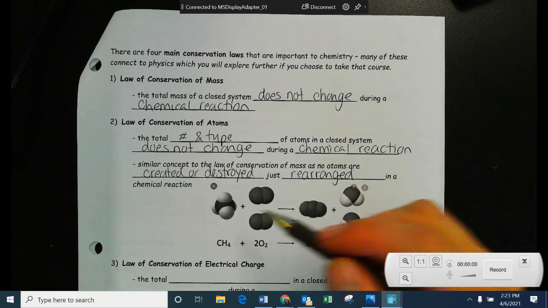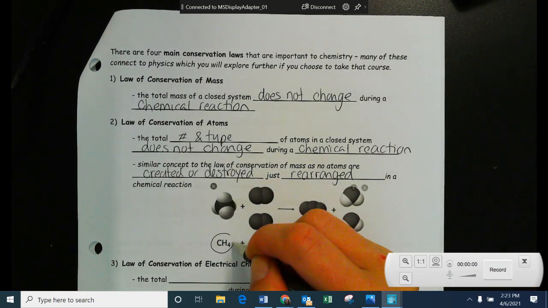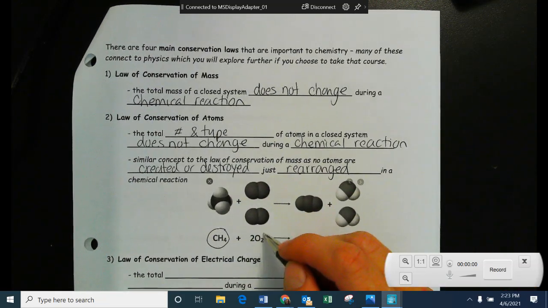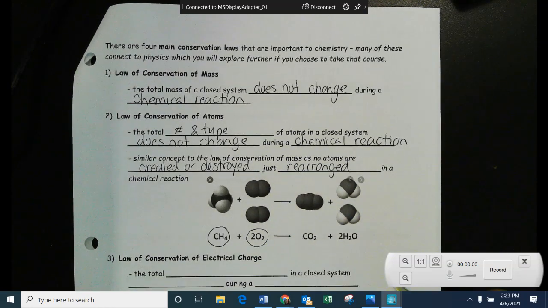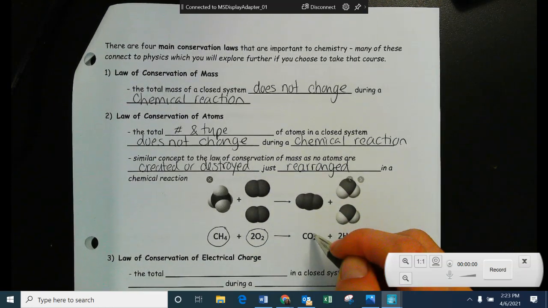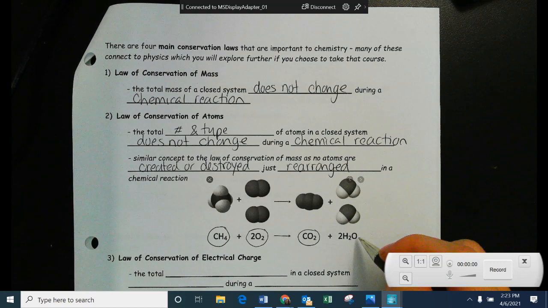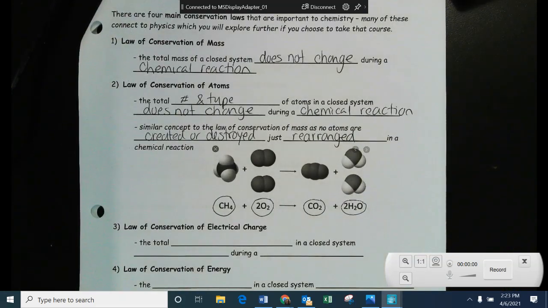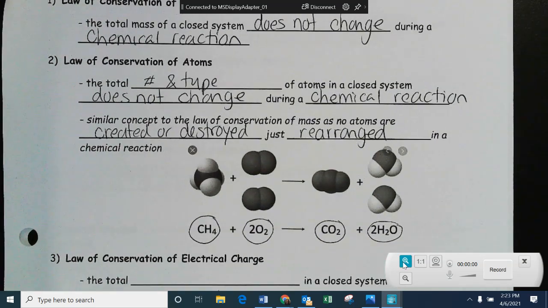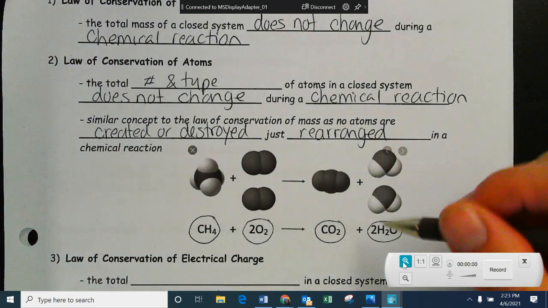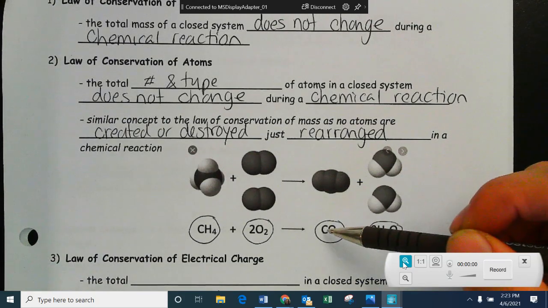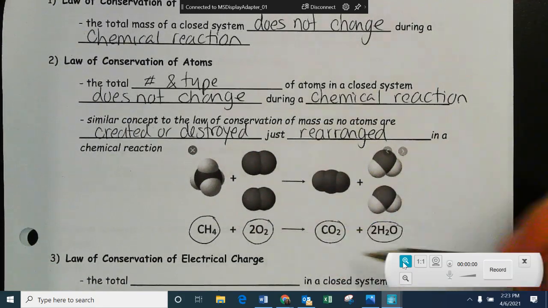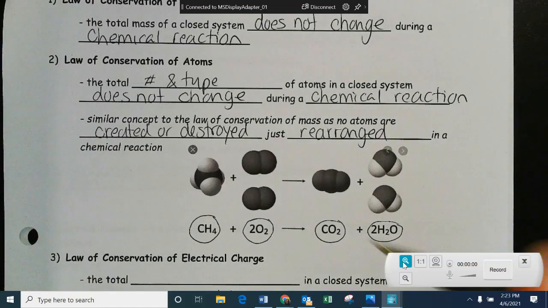So in this example, we've got CH4, methane gas, combined with oxygen, and it forms the products, carbon dioxide and water. So as you can see here, these coefficients tell us that we have the same number of carbons, hydrogens and oxygens on both sides.